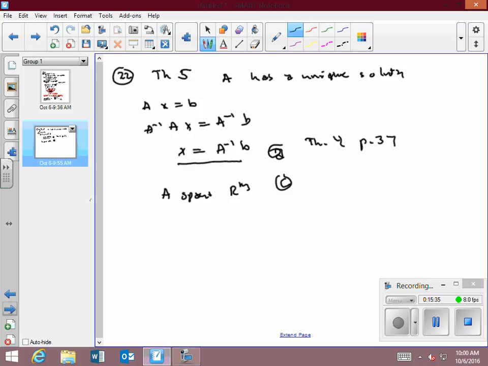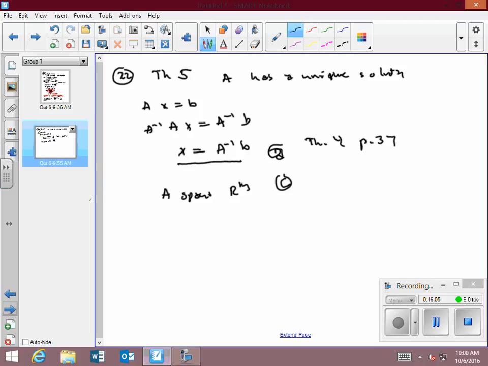So it says A is an invertible matrix. If that's true, then all the rest are true. Or if the next one is true, then that one is. A is row equivalent to an n by n identity matrix. A has n pivot positions. The equation AX equals 0 has only the trivial solution. The columns of A form a linearly independent set.